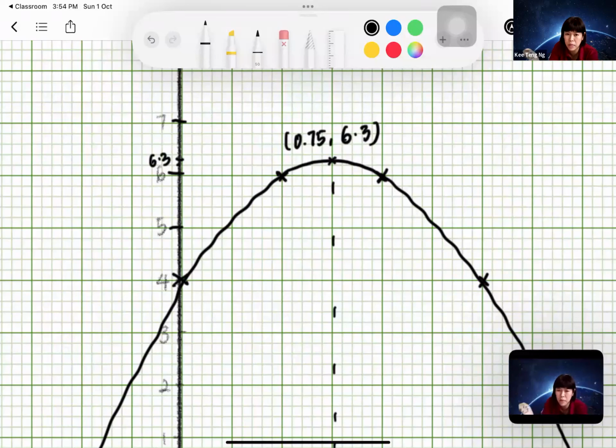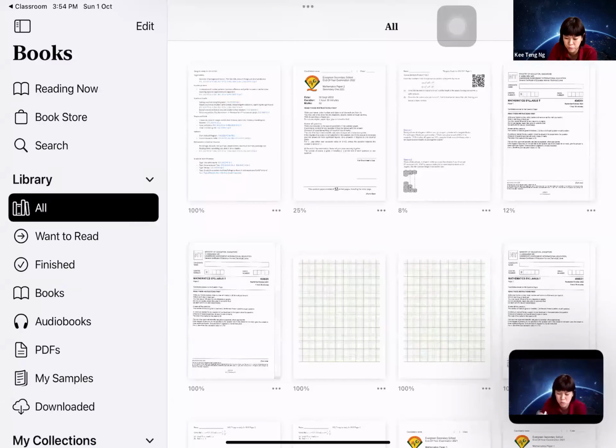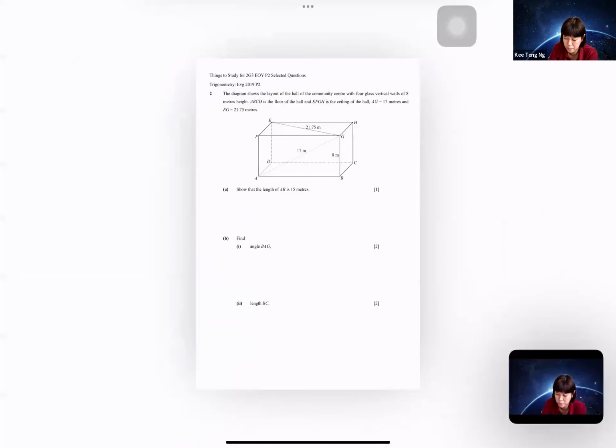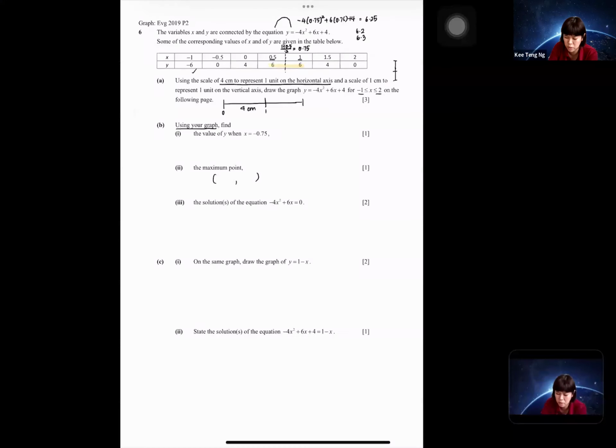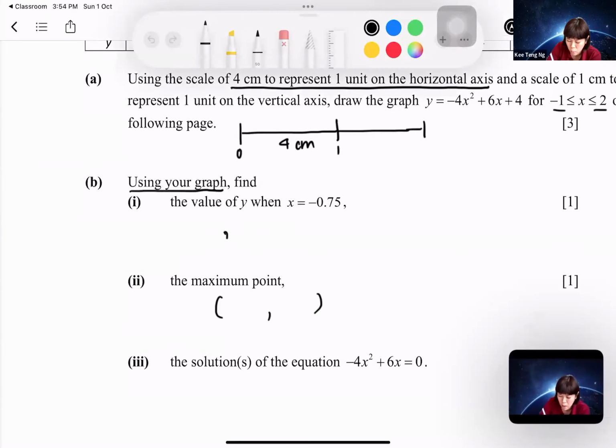You'll definitely get it correct because we secretly plotted this point based on our table of values. So I'll write down my two answers: y equals negative 2.4, and the maximum point is x equals 0.75, y about 6.3.